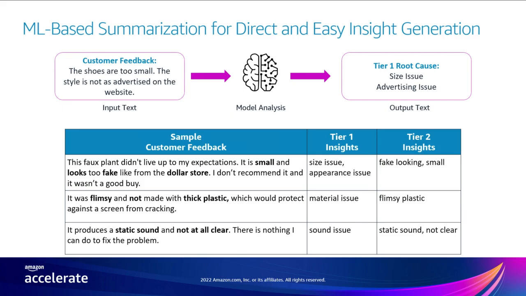Last example, the customer purchased a headset. They tell us it produces a static sound and it's not clear at all. There's nothing I can do to fix this problem. Our model outputs first tier insight as sound issue, and the second tier is that it's about static and unclear sound. Okay, so now let's walk you through some mocks of this year's planned launches.